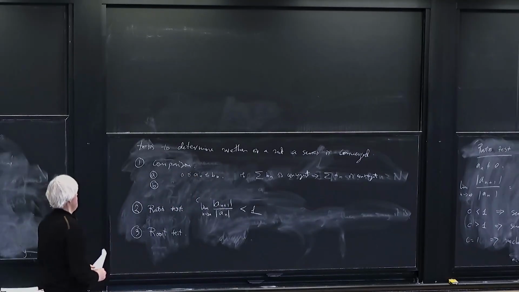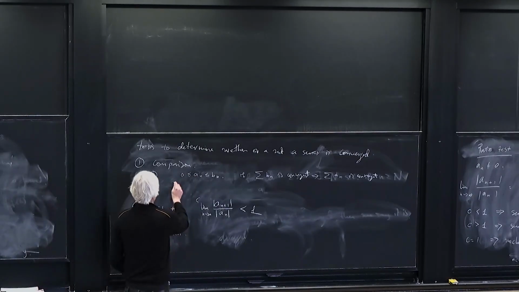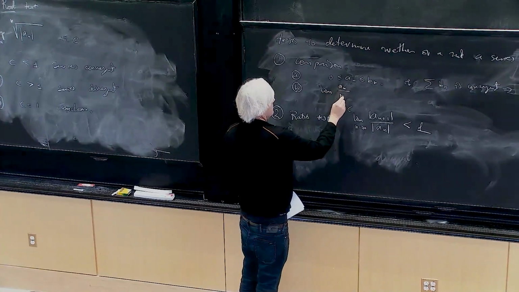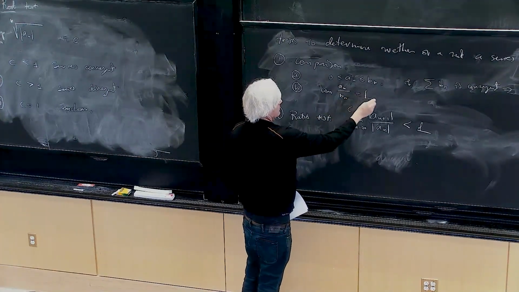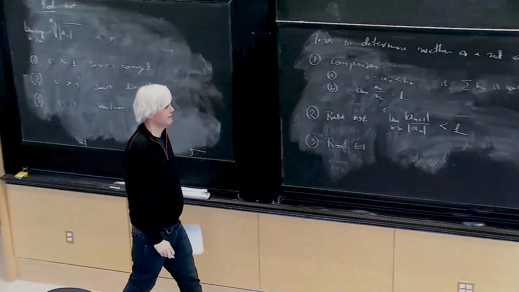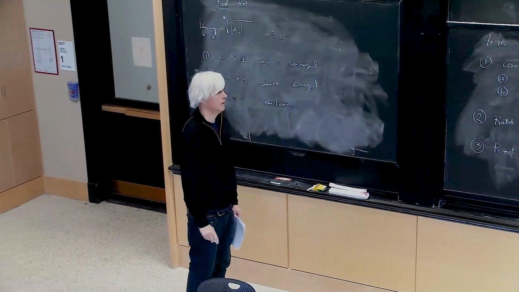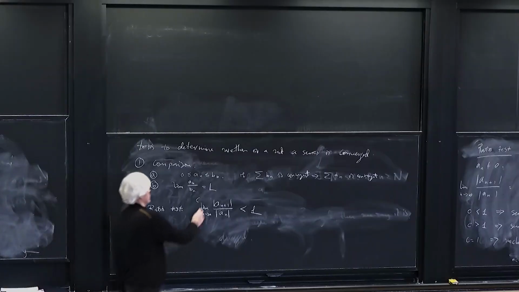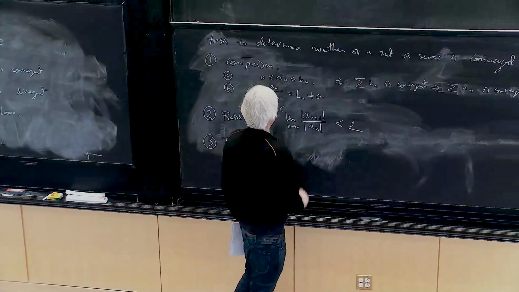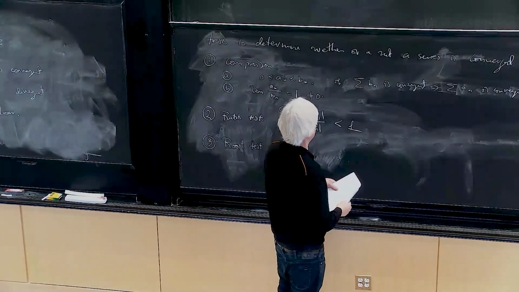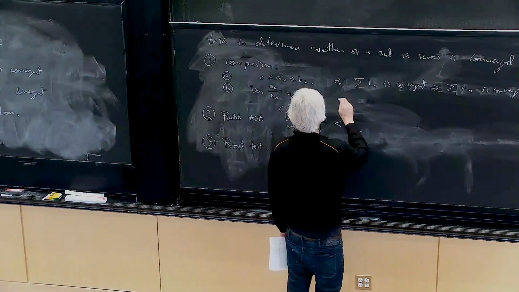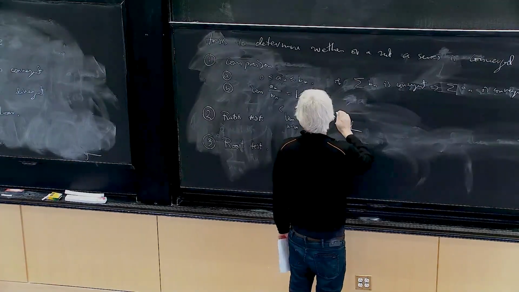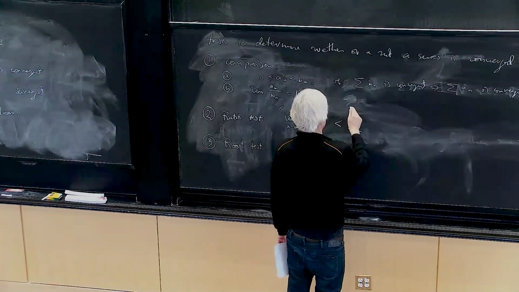The other part of the comparison test was if this limit here exists and it was something else, let's say L here is not equal to 0, then if one of them is convergent, the other one is also convergent.